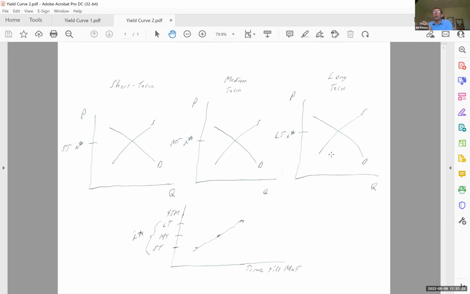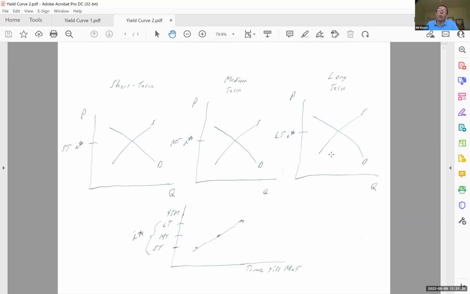If they want to go long term, they're going to invest long term. If they want short term, they're going to invest short term. It also says that people are looking to borrow short term, medium term, and long term. So we've got those who want to lend short, medium, or long term, and those who want to borrow short, medium, or long term.